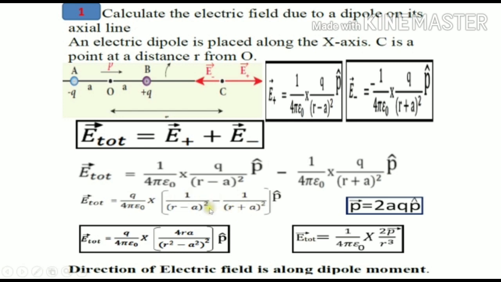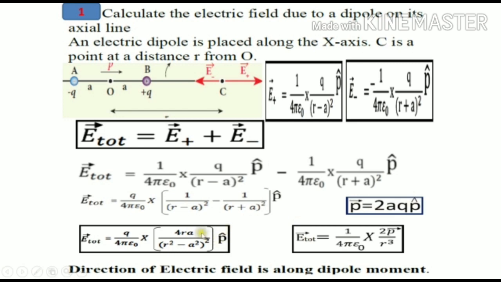After cancelling the terms we get q by 4 pi epsilon 0 times 4ra by (r squared minus a squared) the whole squared, p unit vector. But we know the dipole moment is one of the charges multiplied by the small distance 2a. Here p is the unit vector, so the total p vector can be obtained as 2aq p unit vector.